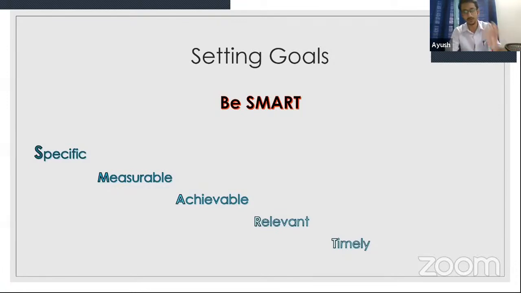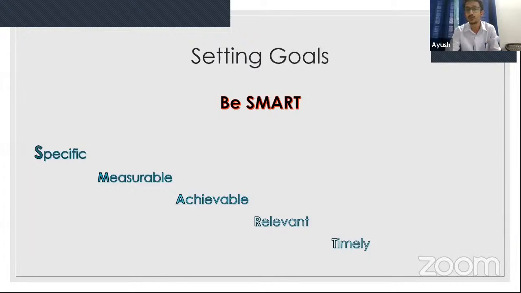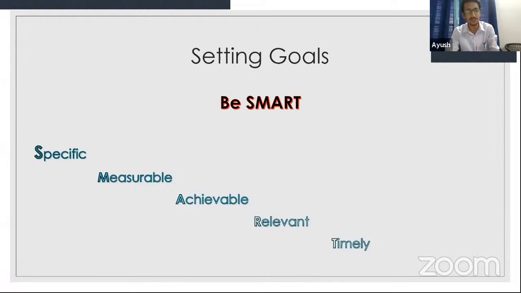Again, for now, you should not make too long term goals. You should have immediate goals, with the larger goal in your head, that is, of course, cracking your CLAT examination, other law entrance tests. But your shorter goal should be, okay, for the next 1 week, I'm going to study mathematics or maybe GK, right?